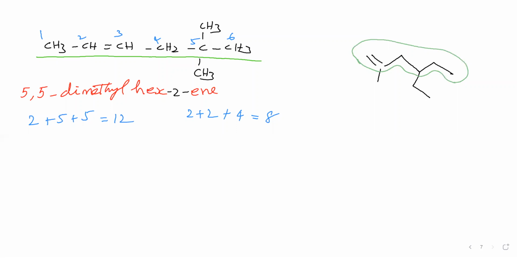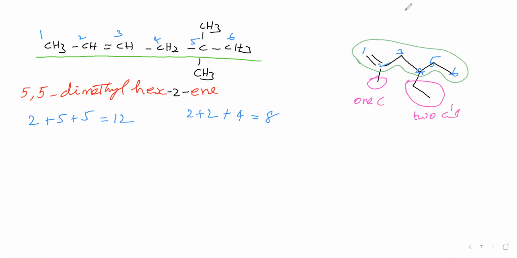Then we have to give the numbering: number 1, it is the second carbon, it is the third carbon, the fourth carbon, the fifth carbon, the sixth carbon. This is a methyl group. Now for the branches, this branch contains 1 carbon and this branch contains 2 carbons.